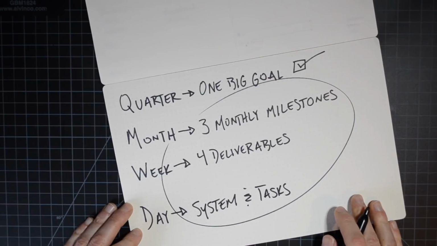I will make a quick caveat that if you're new to goal setting and achievement, or you just haven't done it in a while, you might want to take it down from a quarterly goal into a monthly goal, and then think about that weekly milestone and the daily task systems that you can set up. So it's still the same thing, but something a little more reachable and achievable.